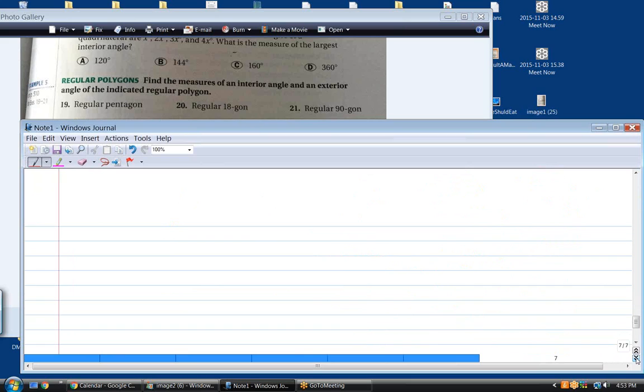What's the measure of the interior angles on a regular pentagon? A pentagon is how many sides? 5. So it's 540. Regular means 5 equal angles, 5 equal sides.